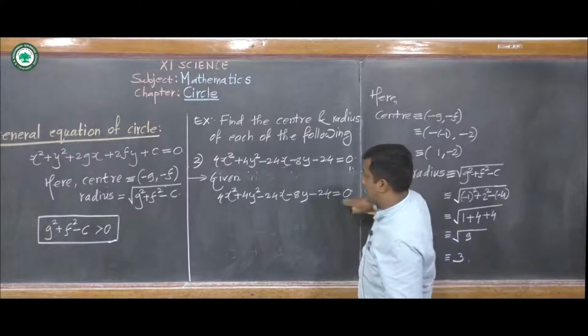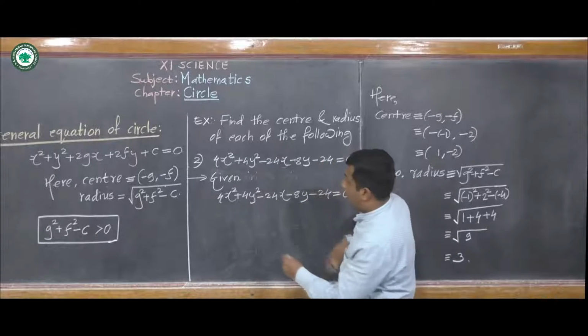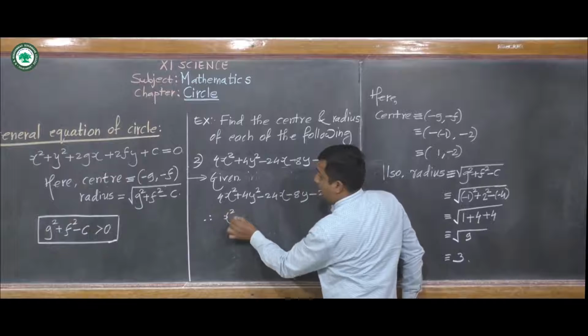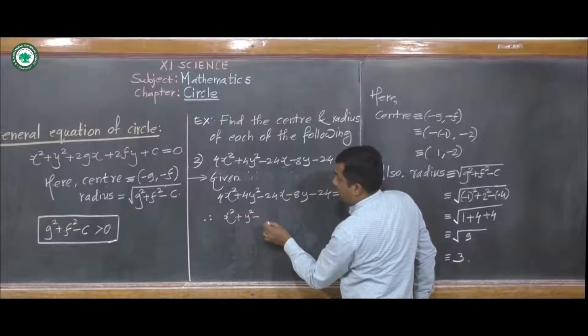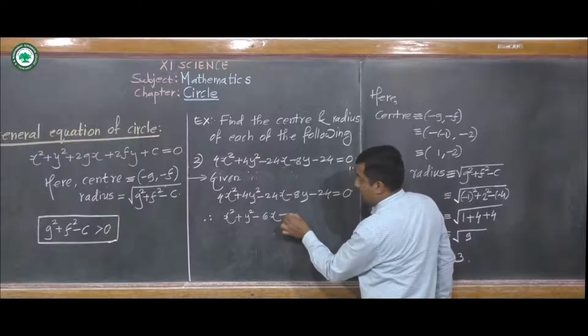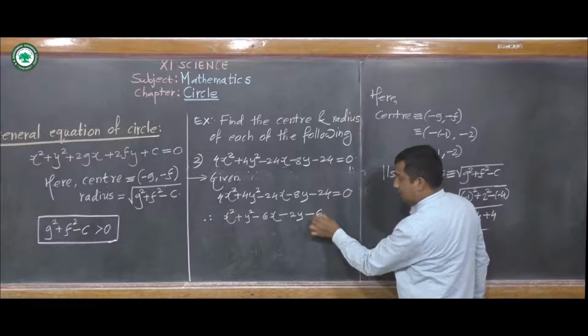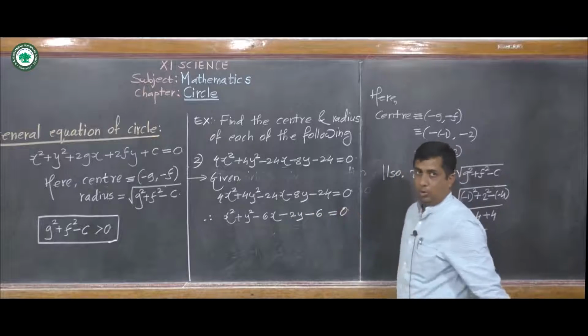Here we divide both the sides by 4, so we get x square plus y square minus 6x minus 2y minus 6 is equal to 0.